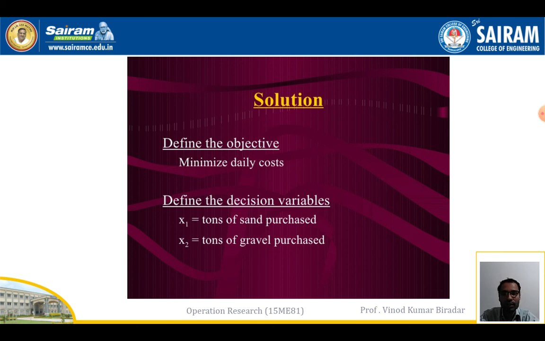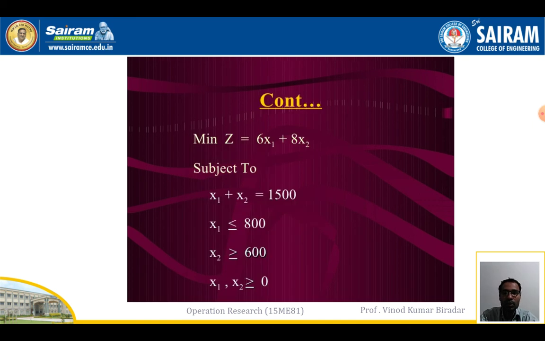Decision variable x1 is the tons of sand purchased, and x2 is equal to the tons of gravel purchased. So again the problem is a minimization: z is equal to 6x1 plus 8x2, subject to the constraints. Here nothing is given for the value, just add x1 plus x2 is equal to 1500, where x1 is less than or equal to 800 and x2 is greater than or equal to 600, and the non-negativity restrictions are that x1 and x2 should be greater than or equal to 0.